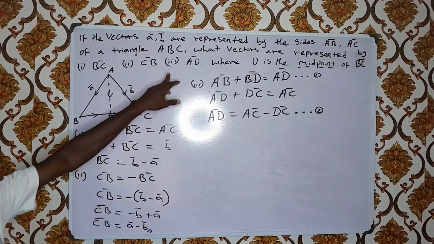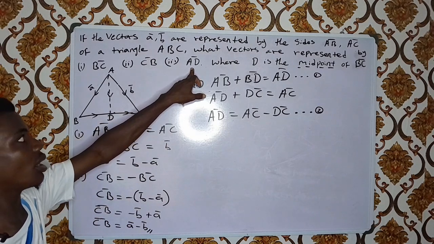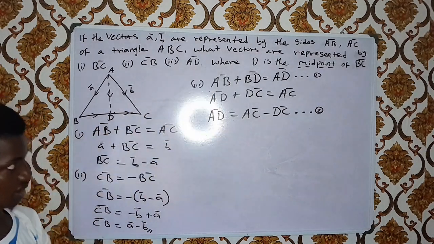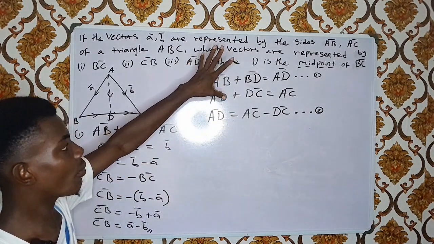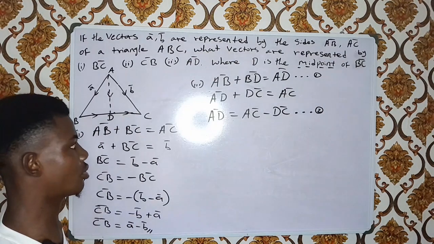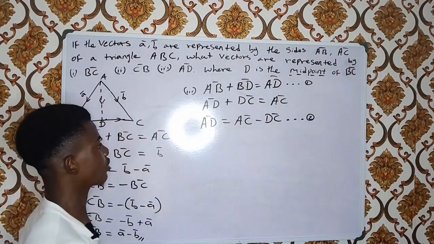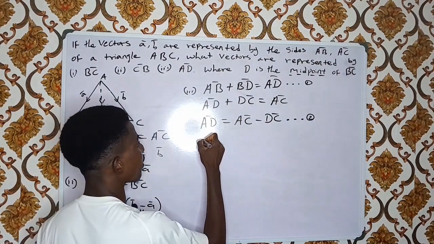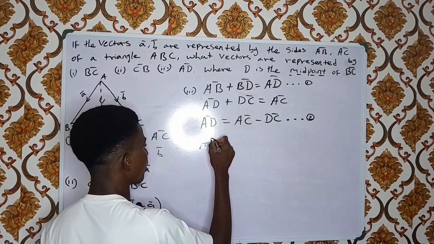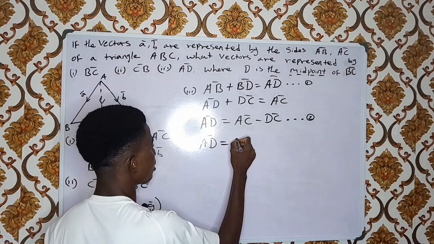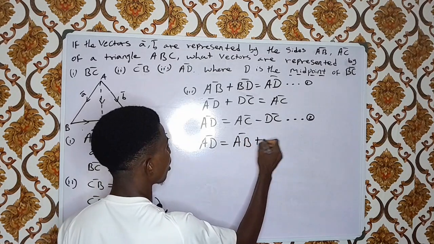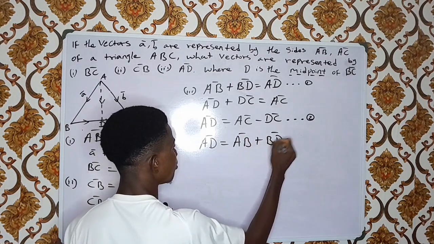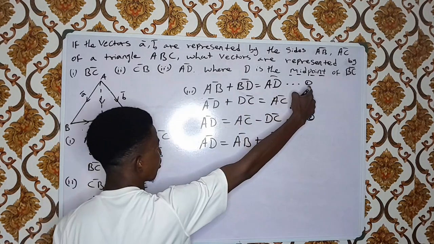Remember, we are looking for AD. From here, we add them together. Let's arrange them out. We have AD is equal to AB plus BD. That is from equation 1.